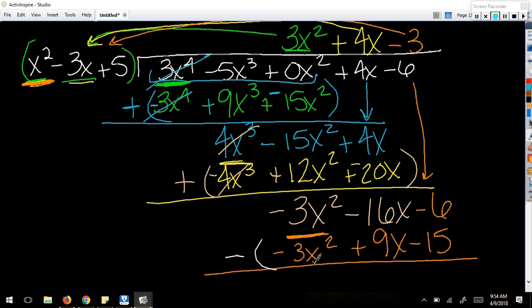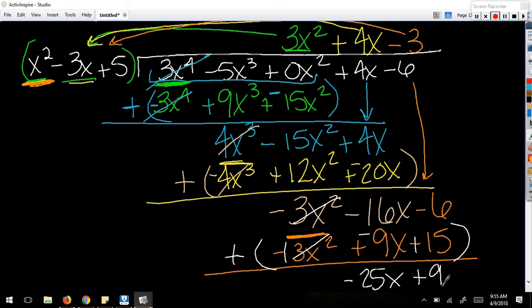Exactly. Change everything. First ones cancel, yes? What's -16x and -9x? -25x. How about -6 and 15? Positive 9.